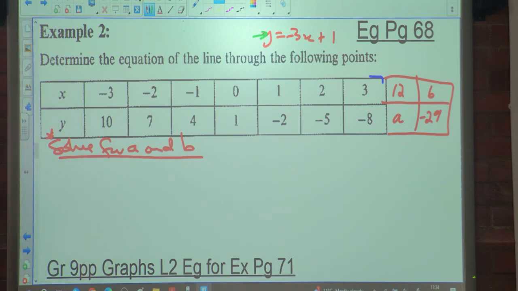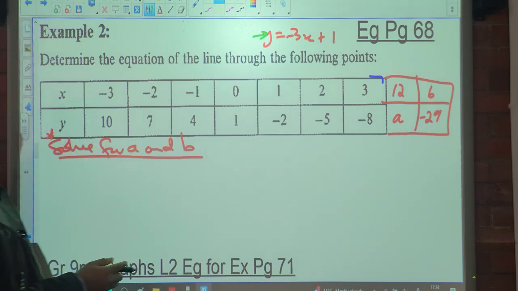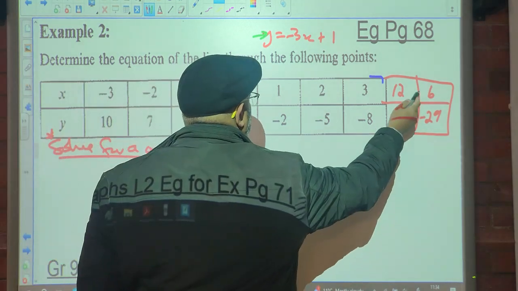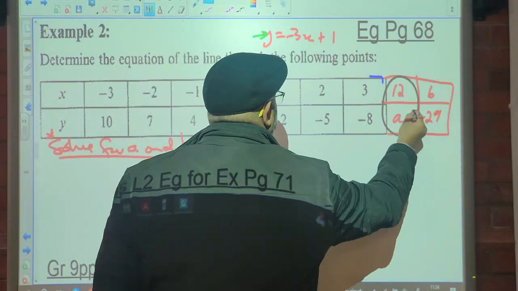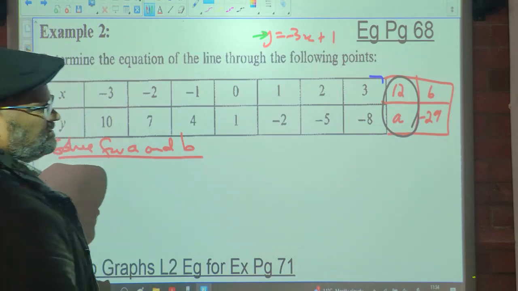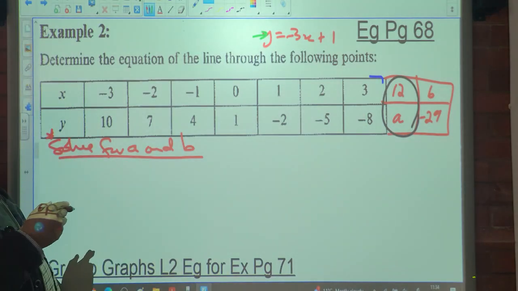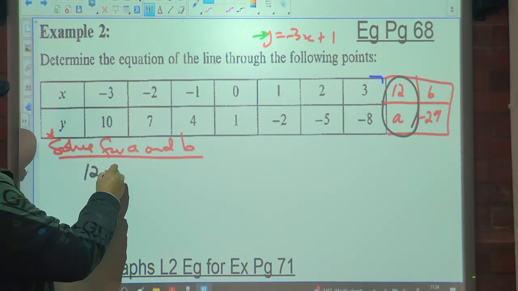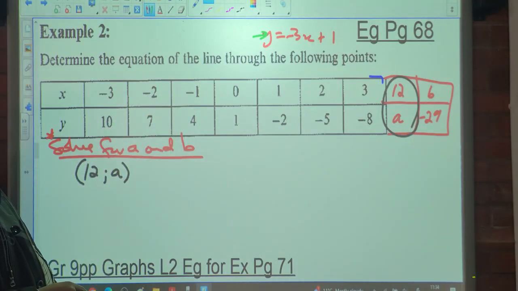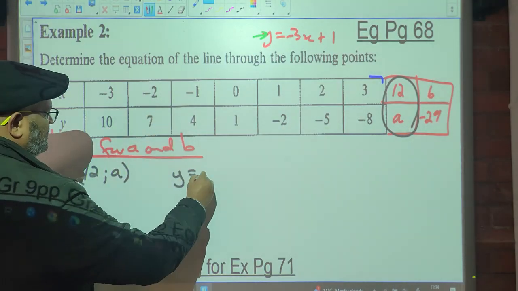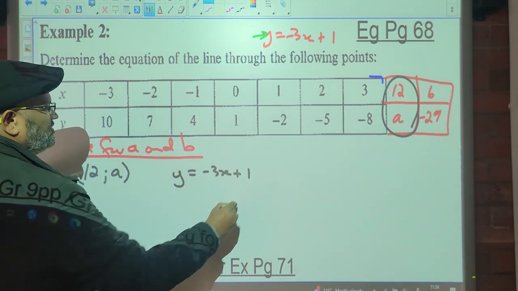So how do I solve for B? Well, let's go with A first. What is this coordinate here? 12 and 8. What's the equation of this line here? Y is equal to negative 3x plus 1.